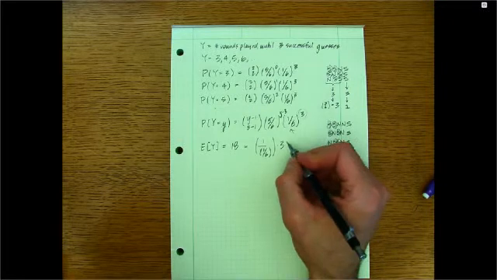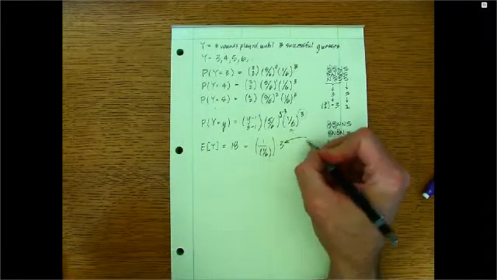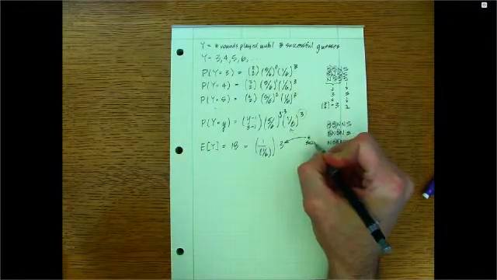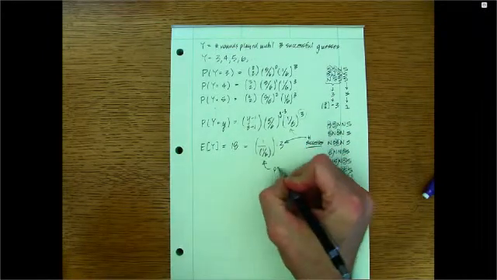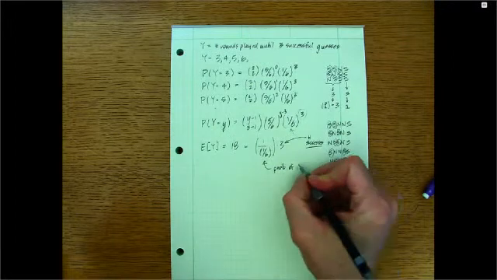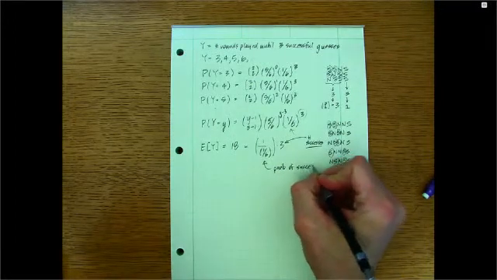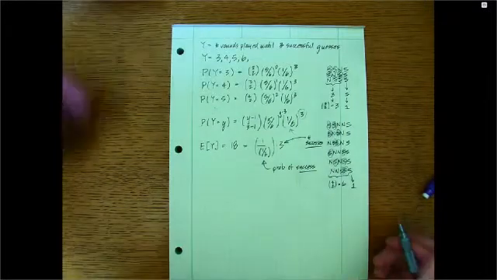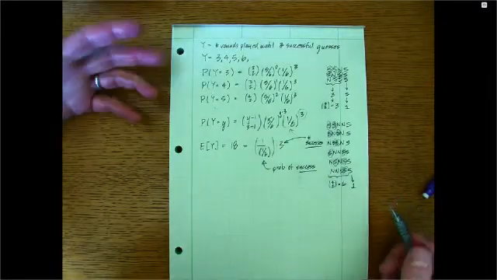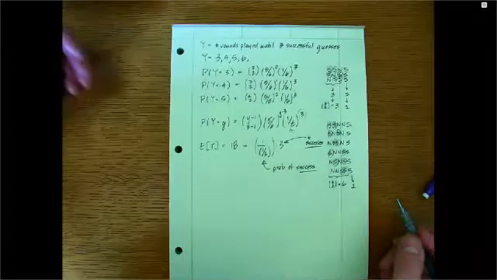So the number of successes right here, and this would be the probability of a single success right here.